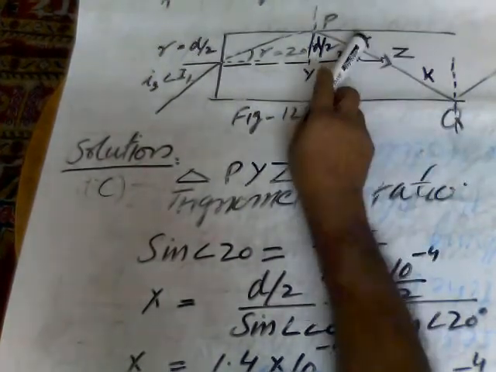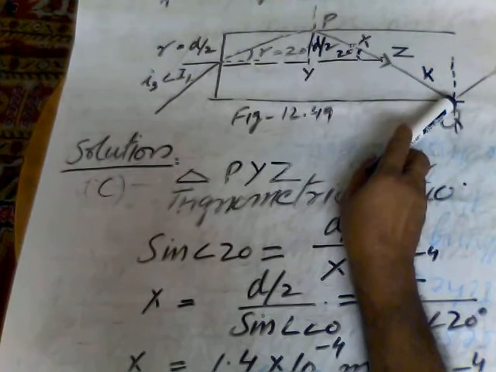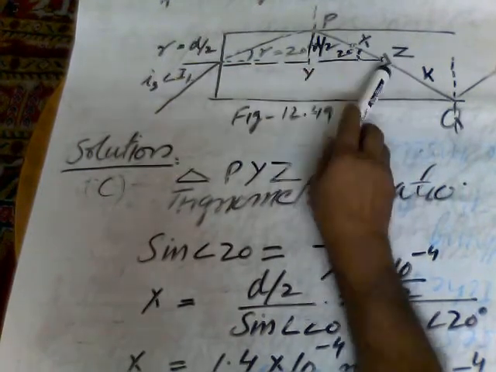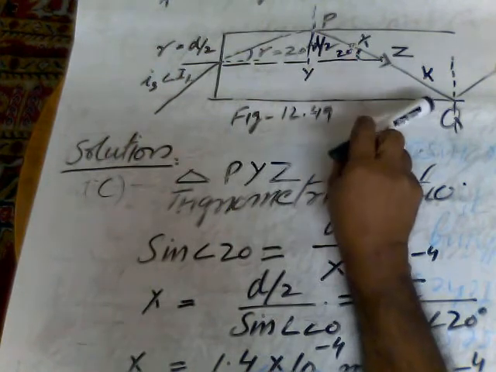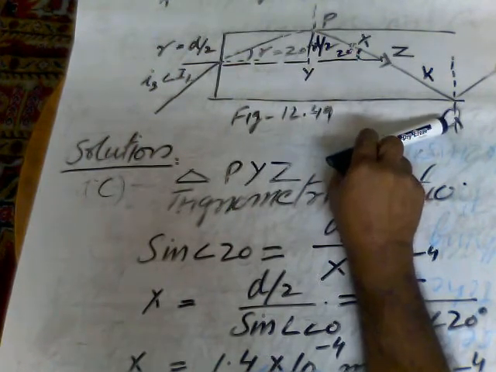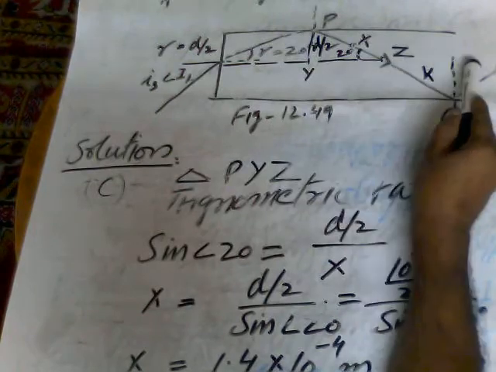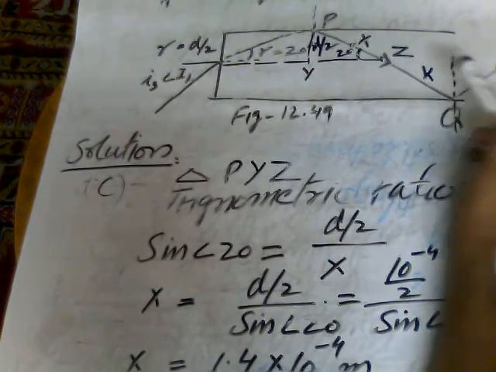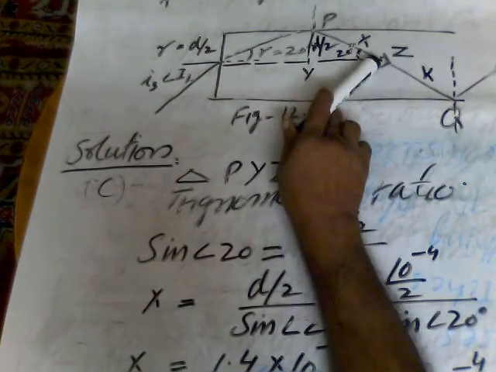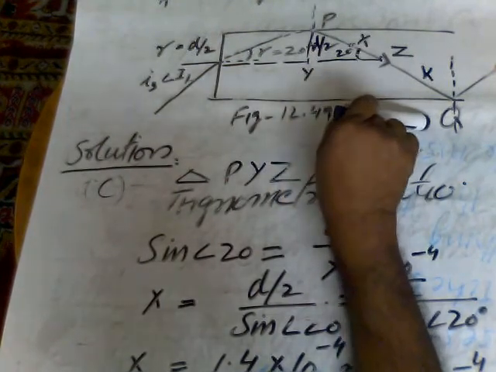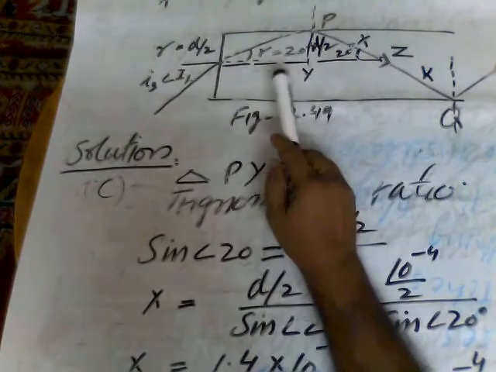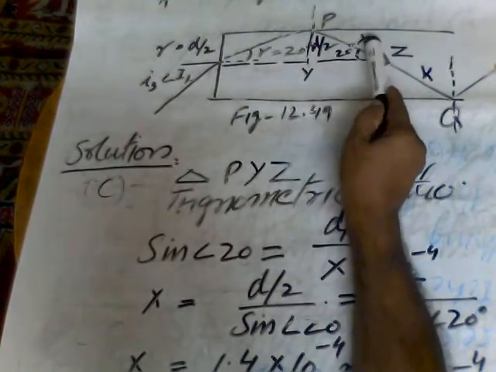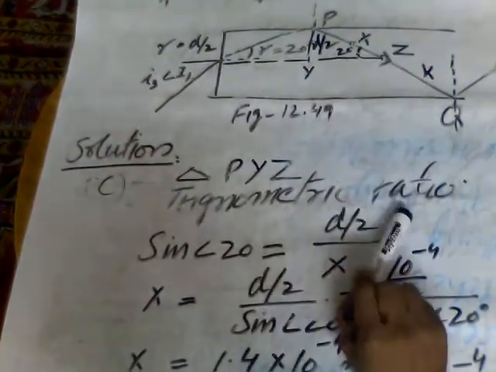PZ has the same distance as ZQ because half is there and half is there. So it is sure that PZ and ZQ will be equal. Therefore, first of all, we find this x using trigonometric ratio.